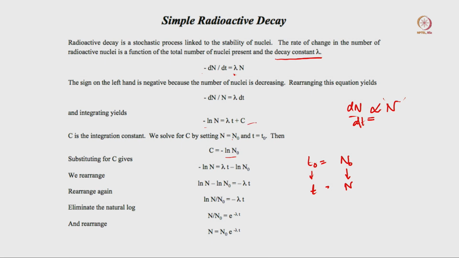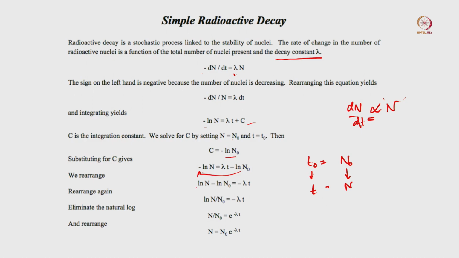Here in this equation we now simply substitute that. So minus ln of N is equal to lambda t minus ln of N0. Again let us rearrange, bringing all the N terms together on this side of the equal sign.